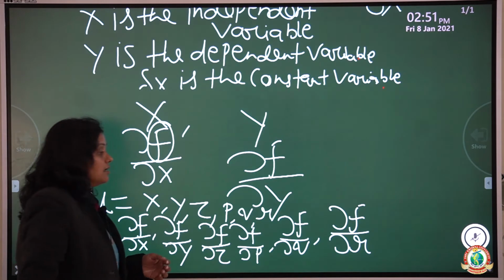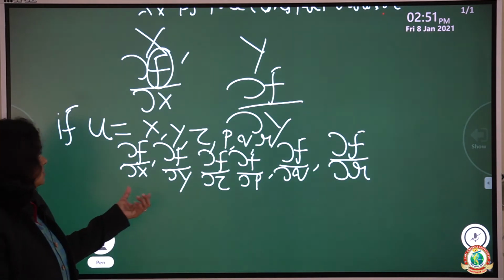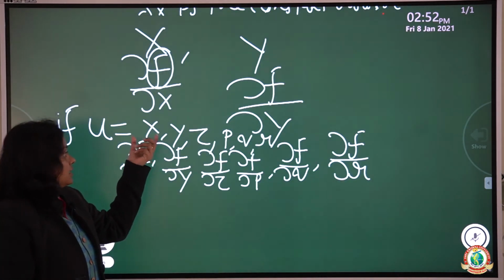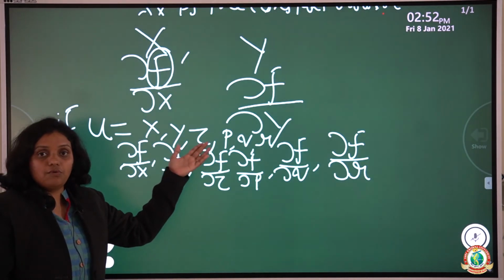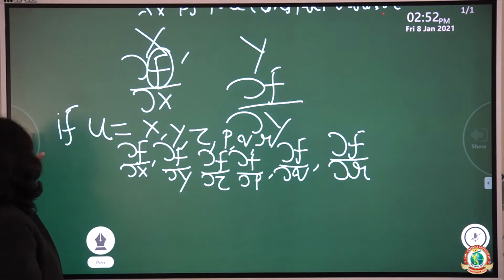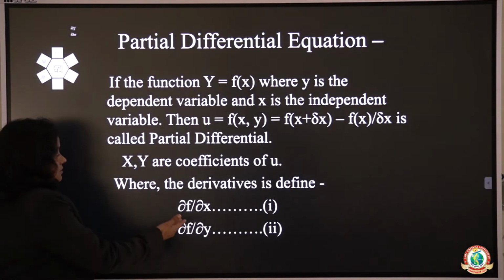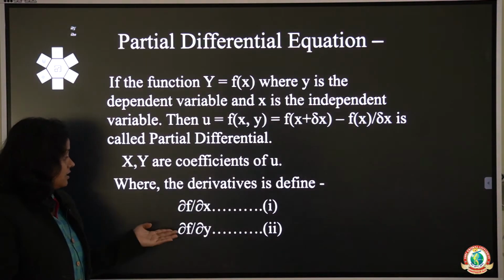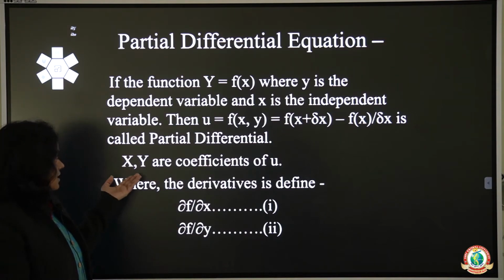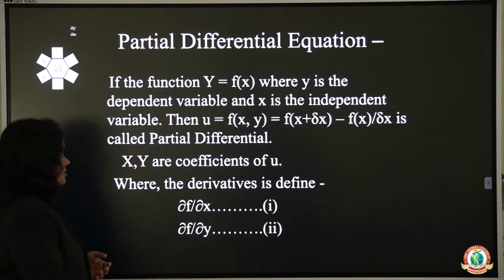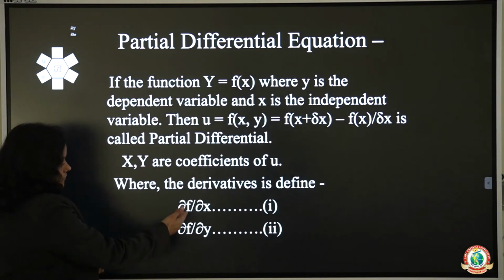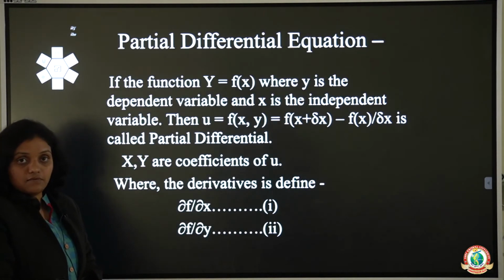These are the partial derivatives with respect to x, y, z, p, q and r. So this defines the derivative coefficients del f by del x and del f by del y, where f is the function and x and y are the variables.